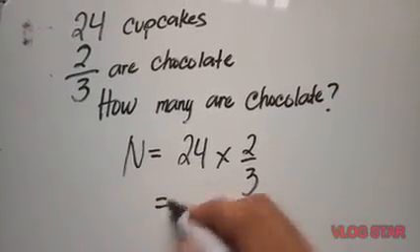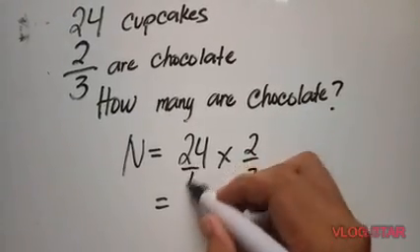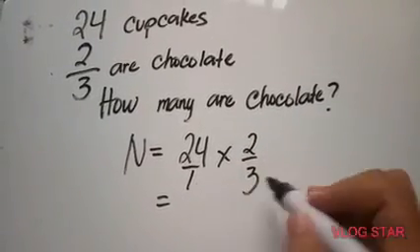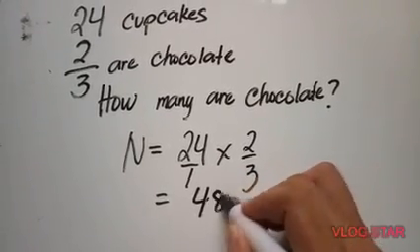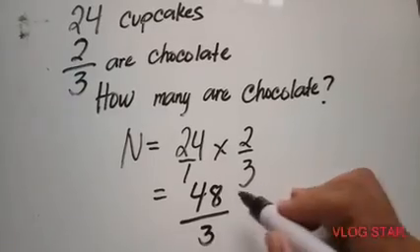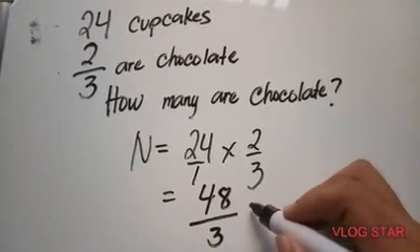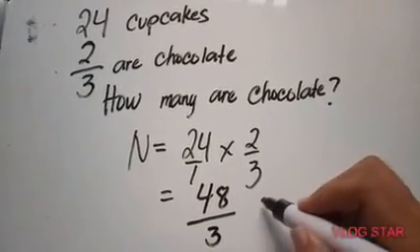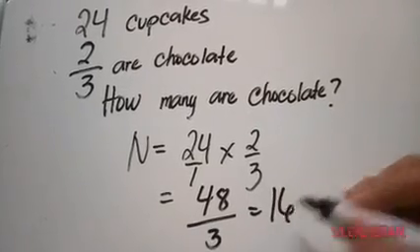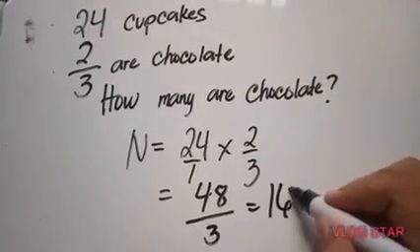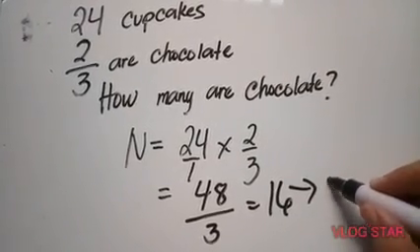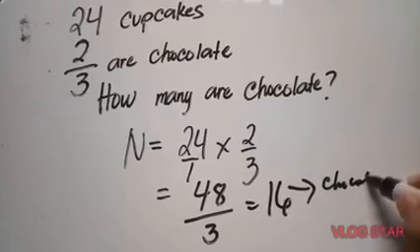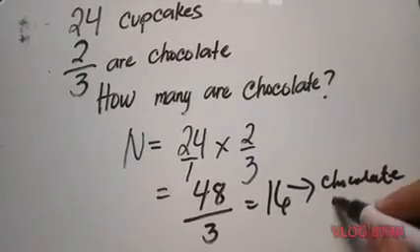When you multiply fractions, numerator to numerator, denominator to denominator. So the answer is 48 over 3, or we can simplify this into 16. So it means that there are 16 chocolate cupcakes.